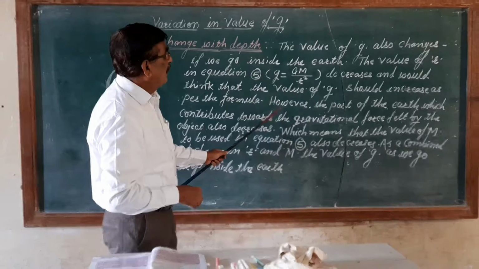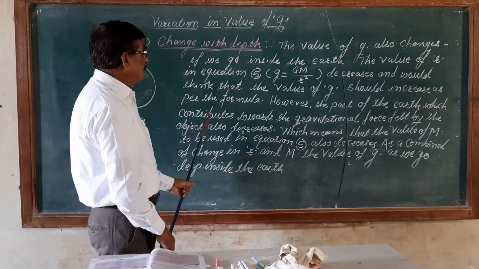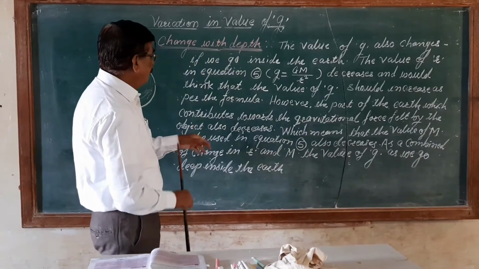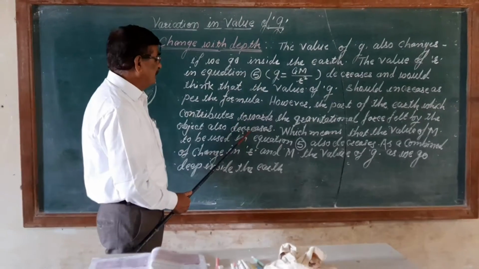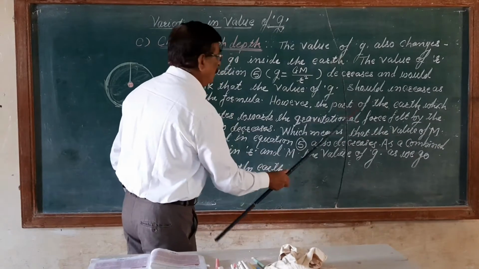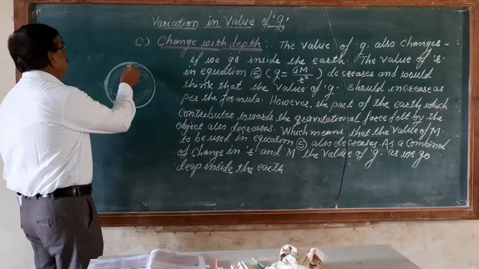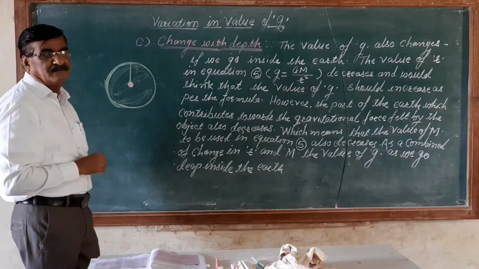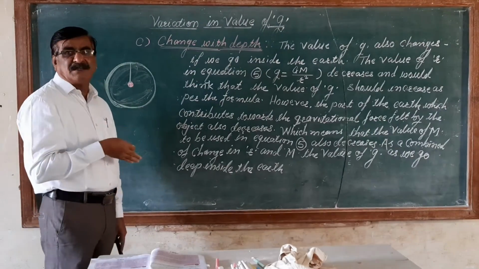However, the part of the earth which contributes towards the gravitational force felt by the object also decreases, which means that the value of M, the mass value, also decreases. If an object is at any point on the surface of the earth, the total mass affects that object.